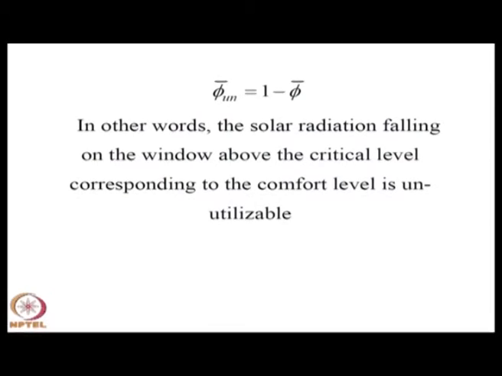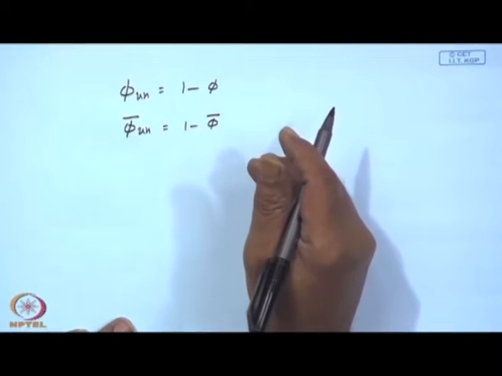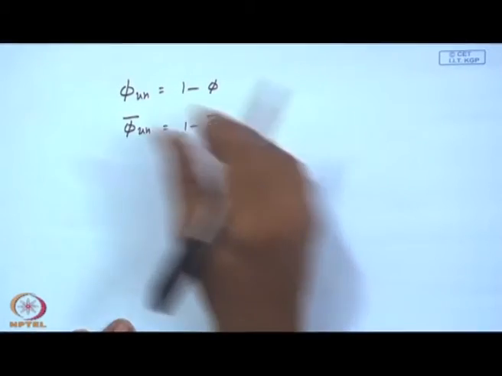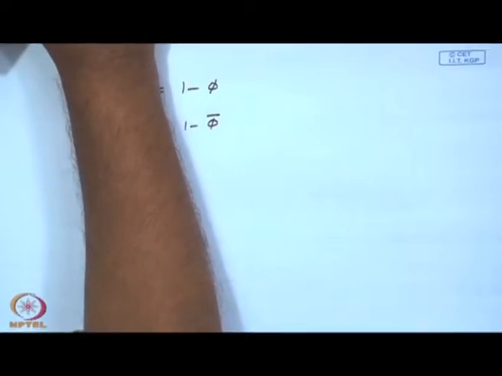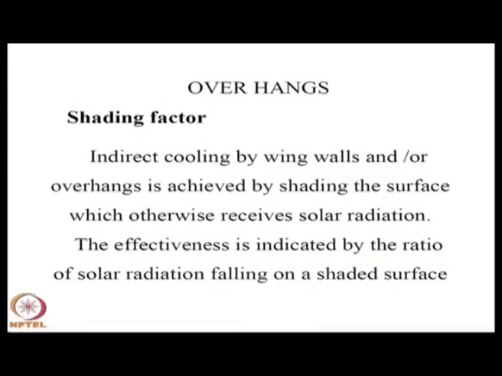Similarly, I can extend it to different time scales. So, phi bar unutilizable will be 1 minus phi bar. So, from overhangs and shading and a direct gain, we come to this unutilizability.